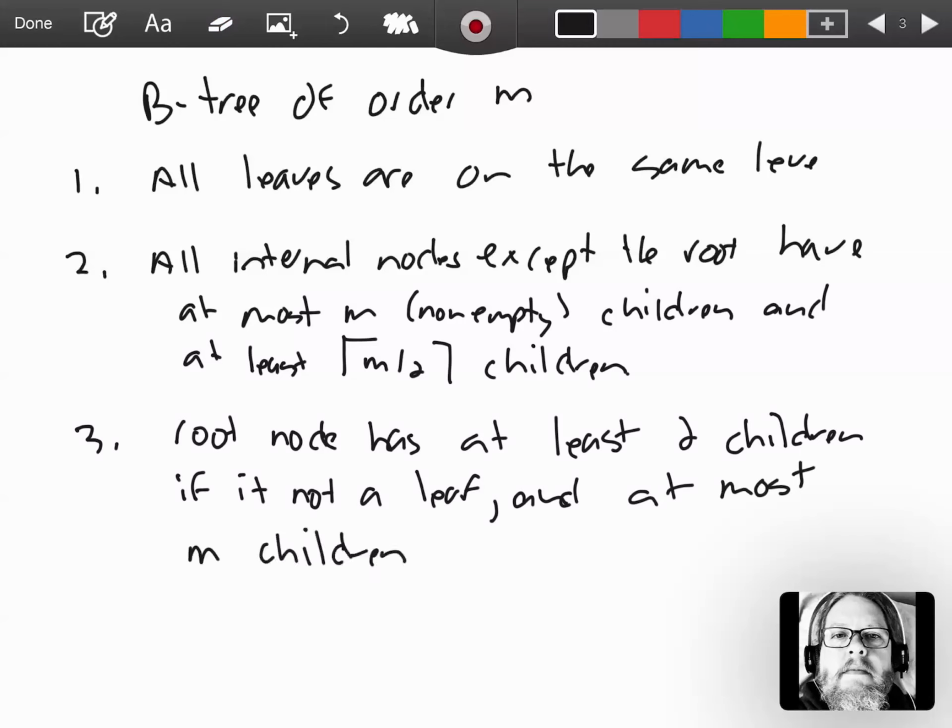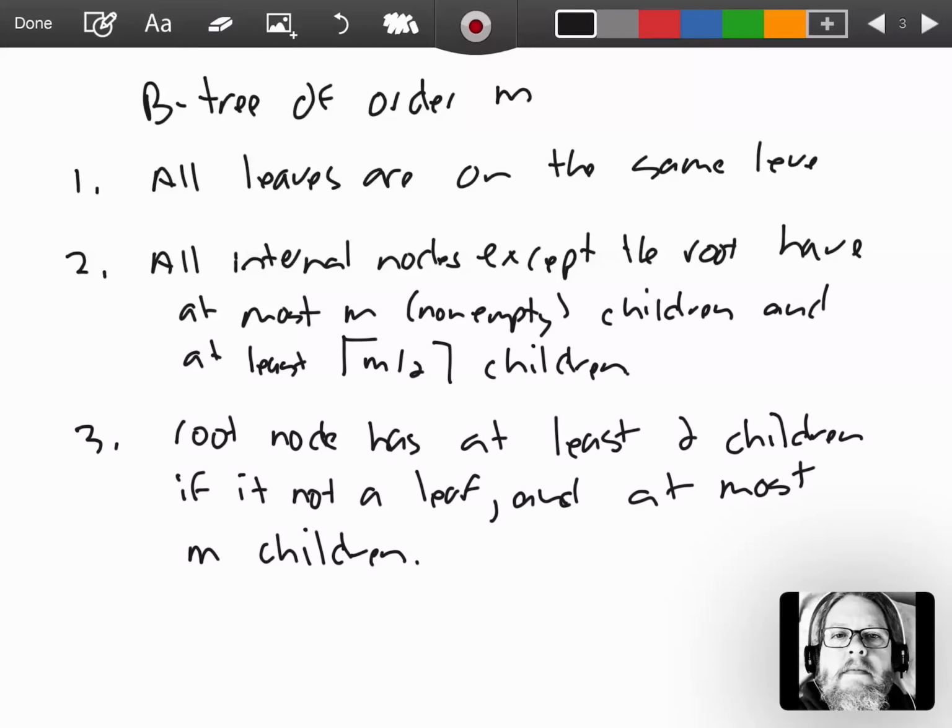So what we're doing with this definition is making sure that our tree is going to be somewhat balanced, that we're not going to have all of the data in one spot. There are examples in the book of some coding that we can do there.